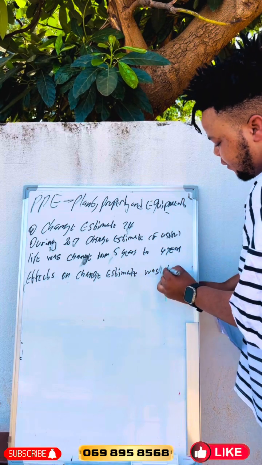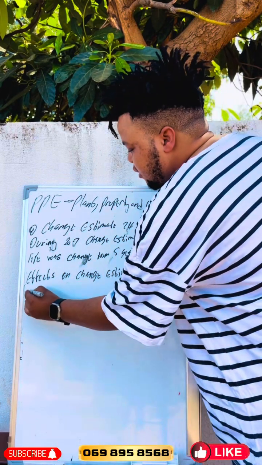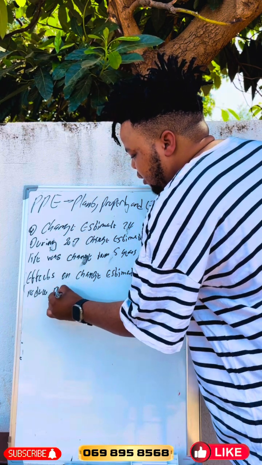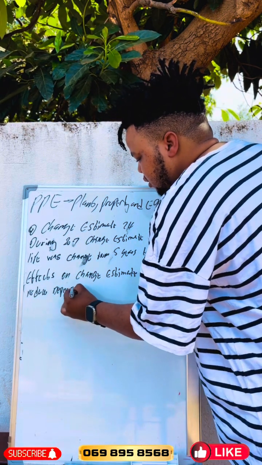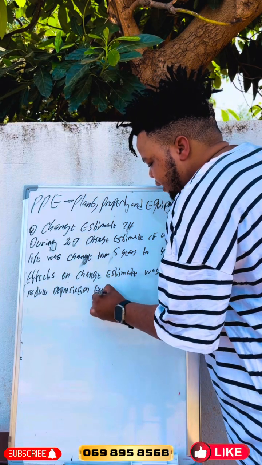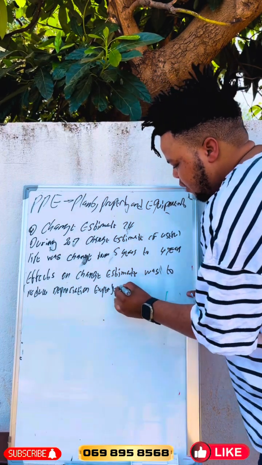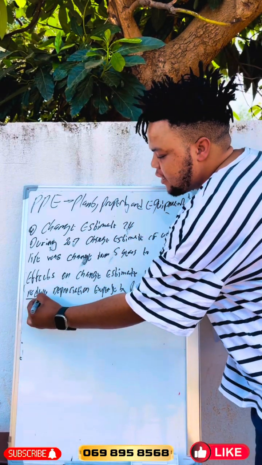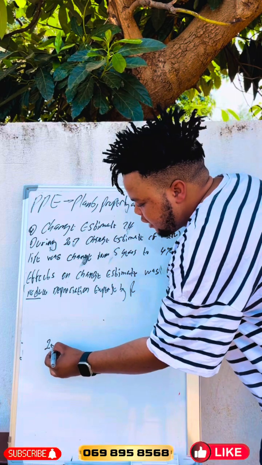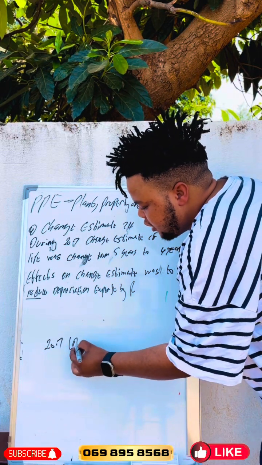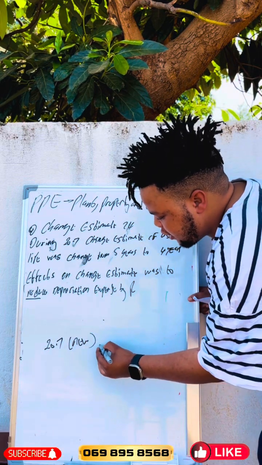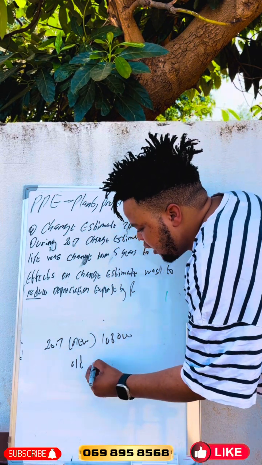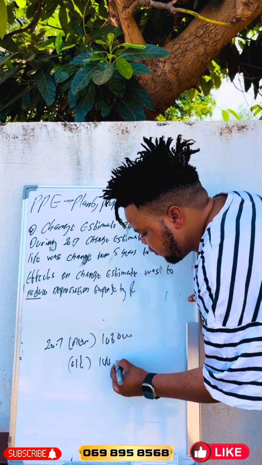Was to reduce depreciation expense by. So remember, someone might say, why am I saying it's reduced? Because the current year depreciation using new information was how much? 108,000. Whereas using the old estimate was giving us 144,000.